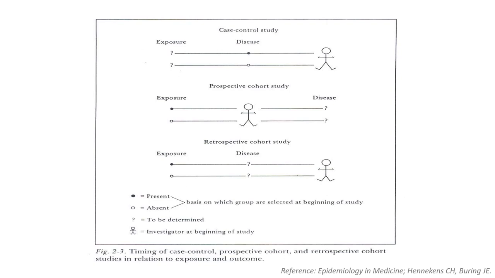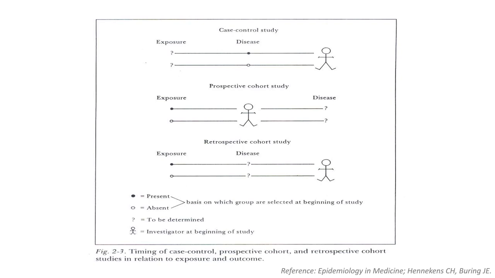Now in this figure, on top, this is an example of a case control study, and then we have prospective cohort, and then we have retrospective cohort study designs. Now look at the man or woman standing, where that person is standing. On top, in a case control study design, the person is standing at the very end when both exposure and outcome have occurred.